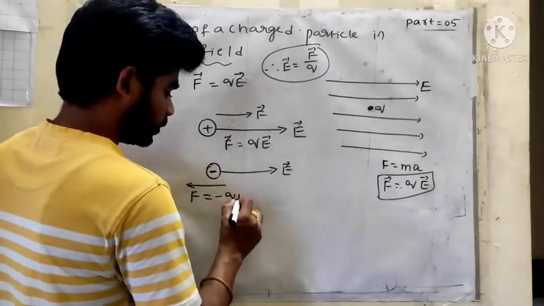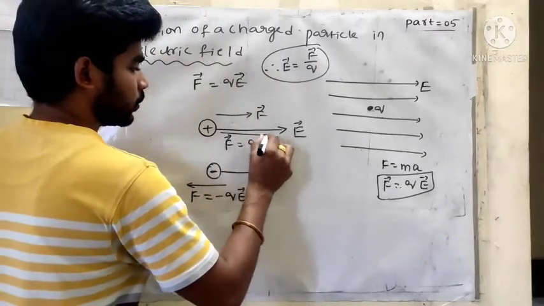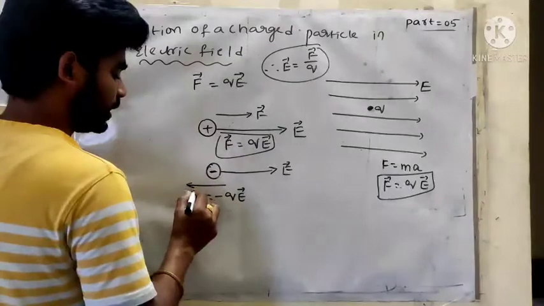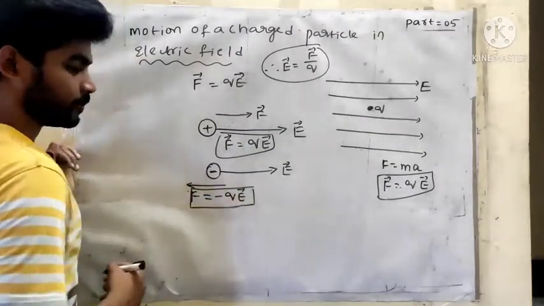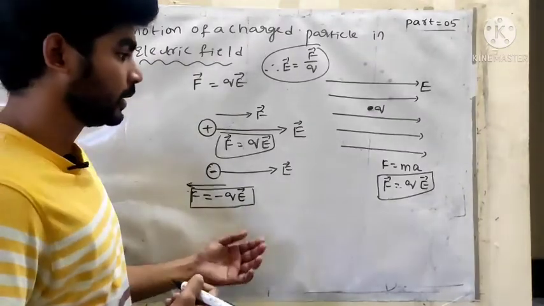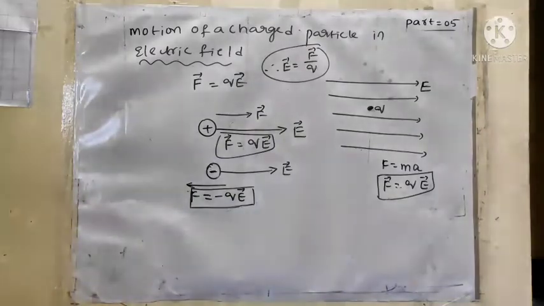So F = -qE. Plus means F = +qE, minus means F = -qE. Take a screenshot of this.